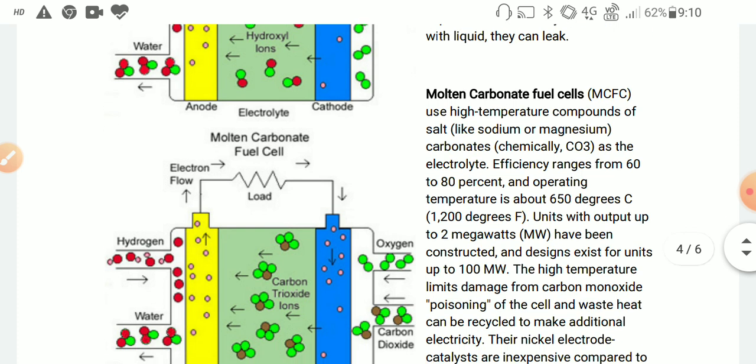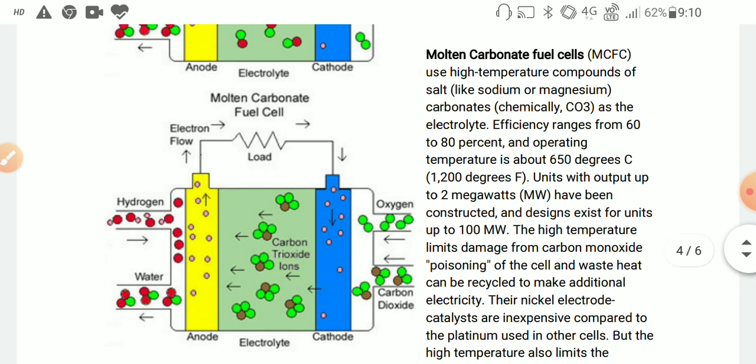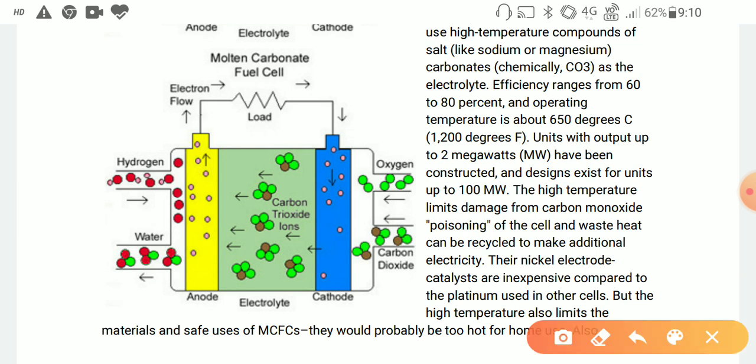Another one is named MCFC, which is the molten carbonate fuel cell, where a high temperature compound of salt carbonate, chemically known as CO3, is used as the electrolytic material. Efficiency ranges from 60% to 80%, and operating temperature is about 650 degrees centigrade.